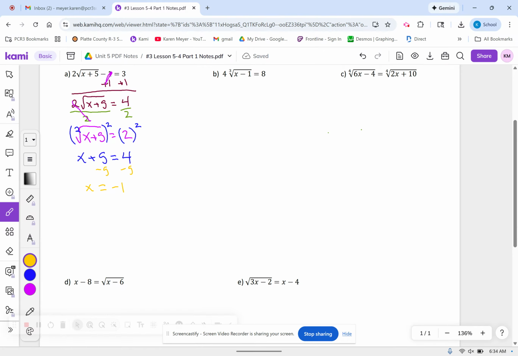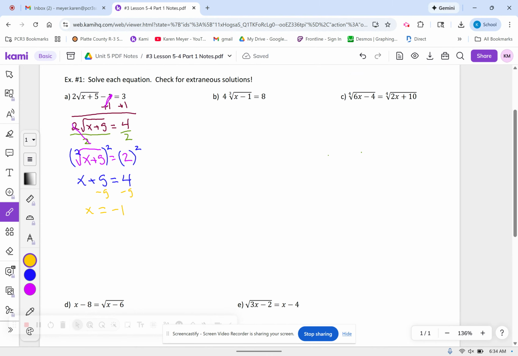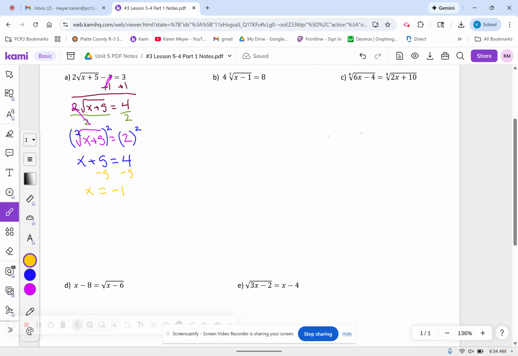Now you will notice it does say up here in the directions, we do need to check for extraneous solutions, which means we need to make sure that when we check this, it does actually work out. So in your calculators, what I would do is type this in.